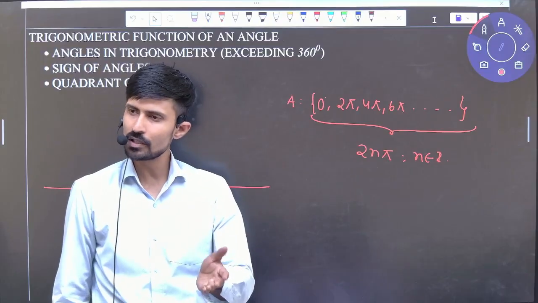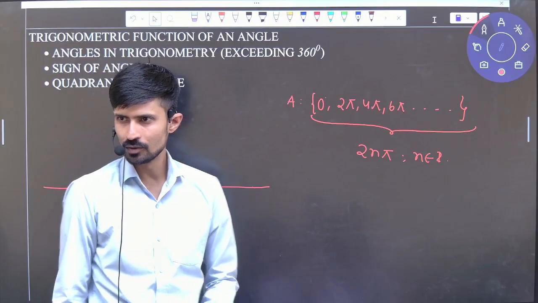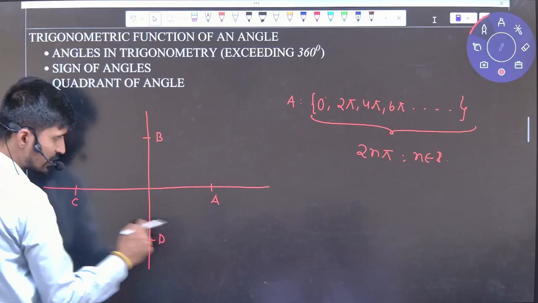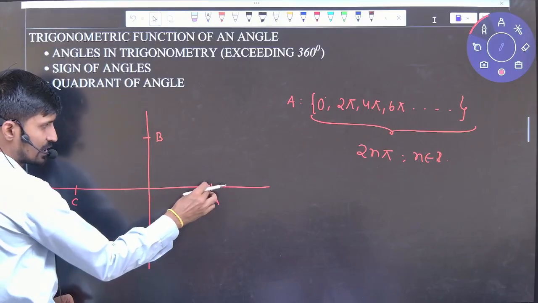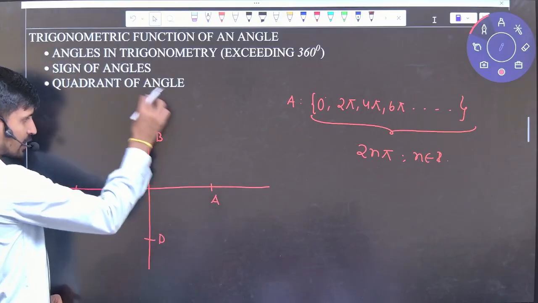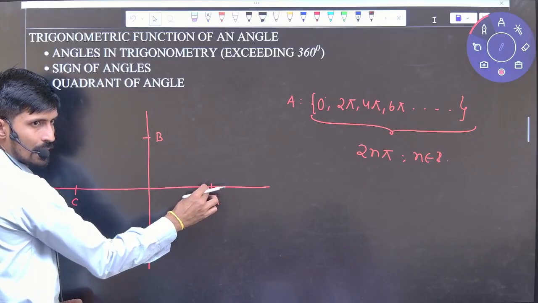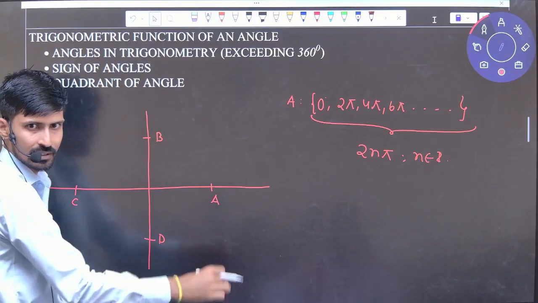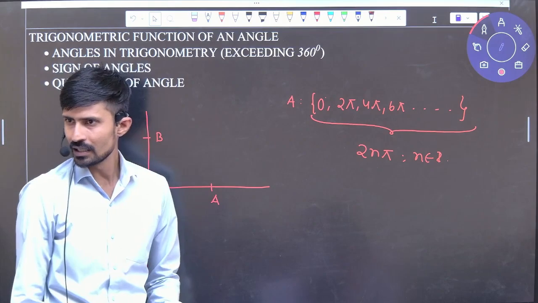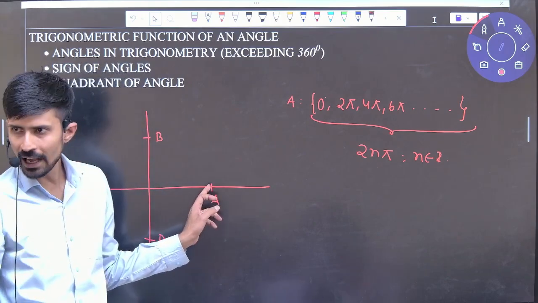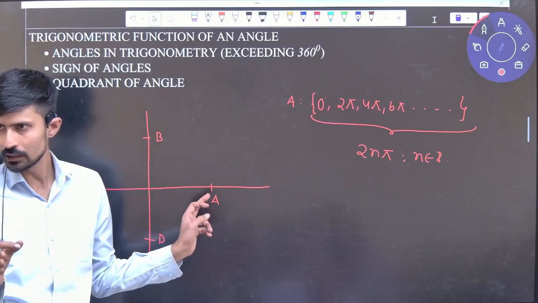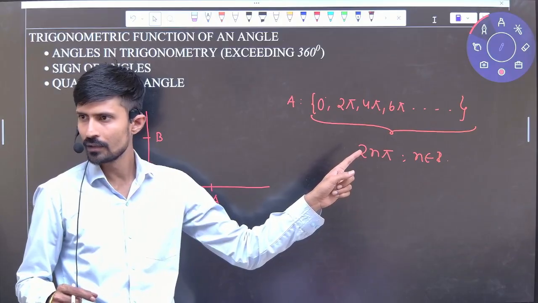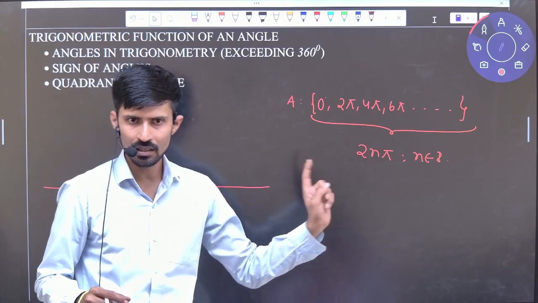It can be positive also, it can be negative also. If you rotate in this direction, you get a positive angle. If you rotate in this direction, you get a negative angle. So this is 0. You rotate in this direction and come here. What is the angle now? Minus 360. Again, minus 720. So if we talk about all the angles of point A together, we say 2n pi.